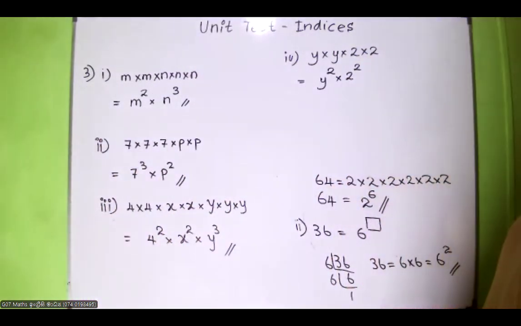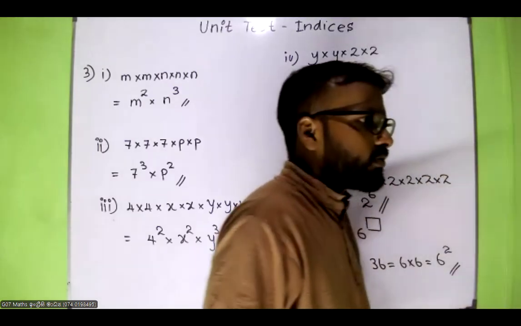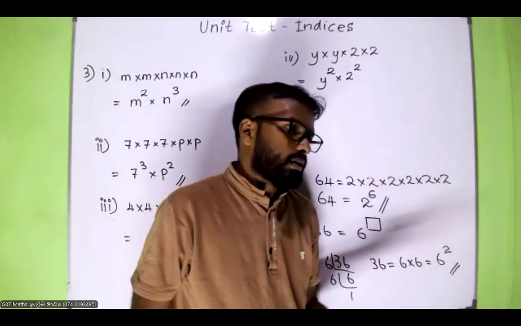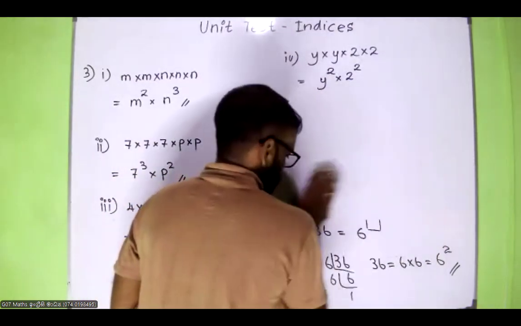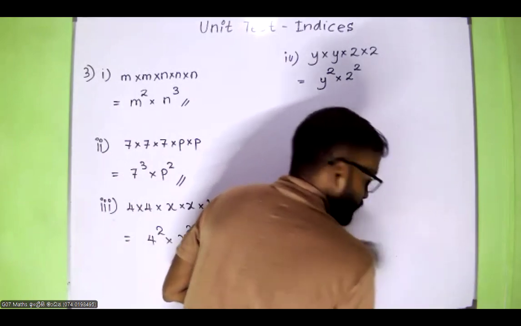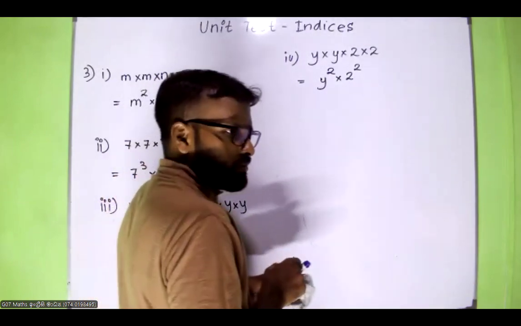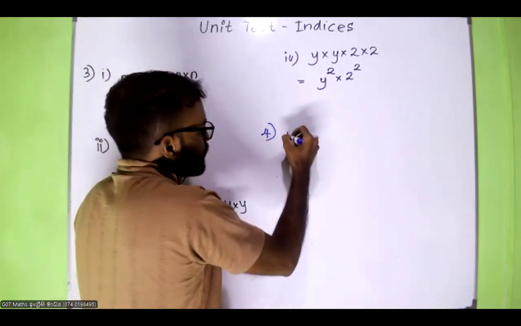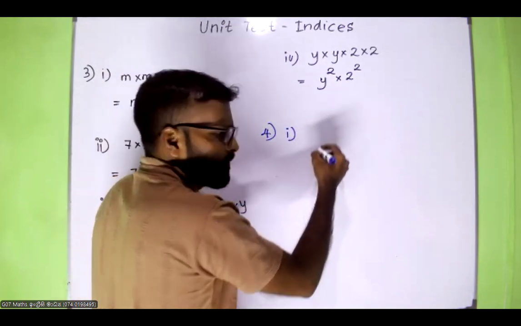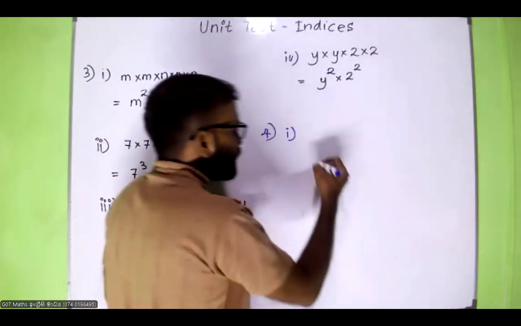And we have to again expand and write each of the following expressions as a product. Fourth question, first term: A to the power 3.